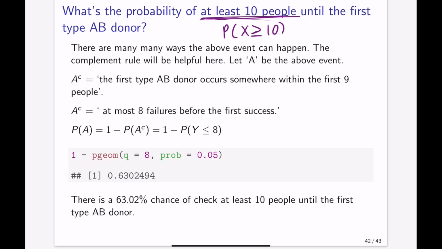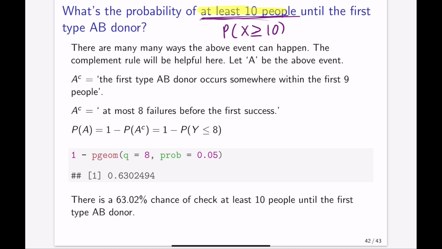You could have to check 10 people or 11 people or 12 people or 13. Actually, the probabilities get very low, but there are technically an infinite number of people you might have to check.